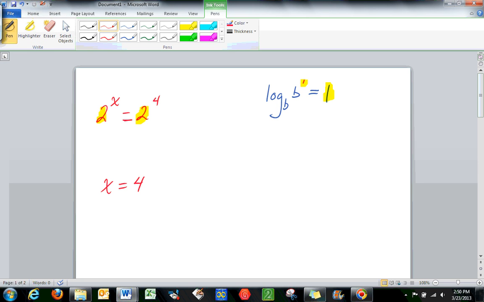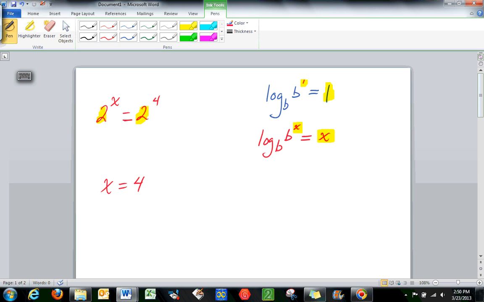So if we want to use this, we can say then log b of b to the x power must actually equal x. So log b of b more or less cancels itself out, and so x is what you get. Well, we can use that to understand this.